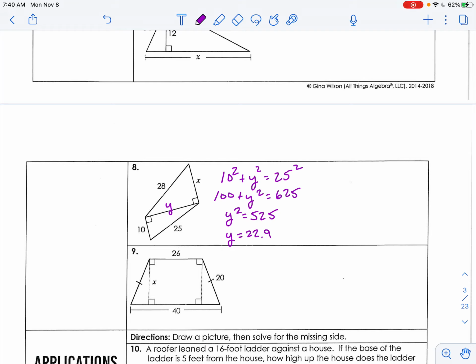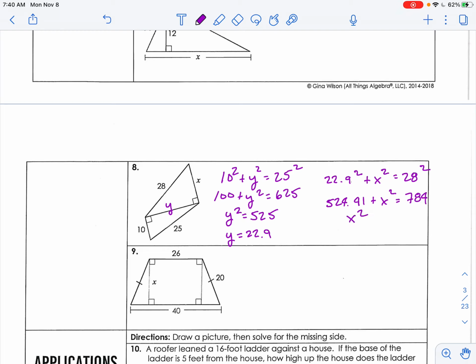Then I have a second part to the problem where now that I know that, I have 22.9 squared plus x squared equals 28 squared. So a little bit longer, a little bit trickier here. So what I would get is 524.41 plus x squared equals some number, 784, I think it turns out to be.